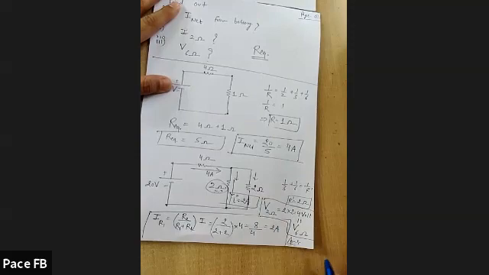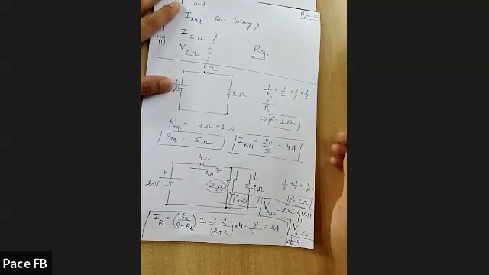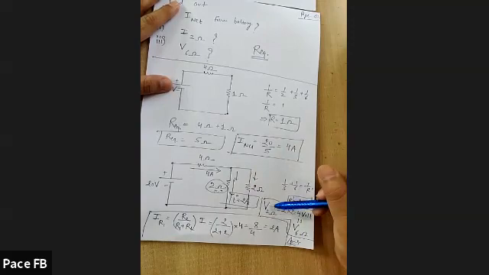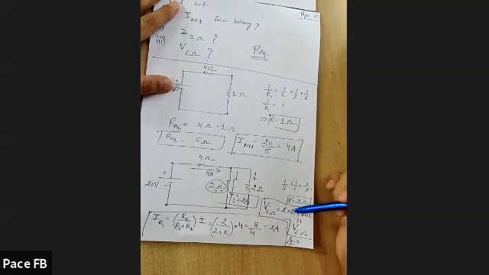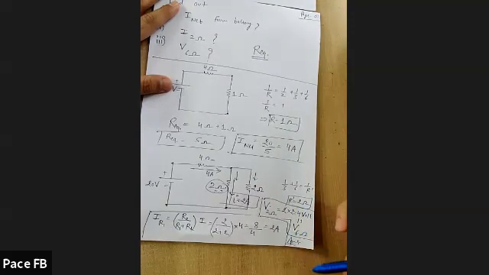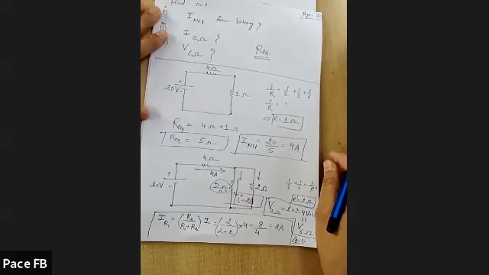Why? Because 2, 3 and 6 are all connected in parallel, so you can find out the potential difference across any of these three resistors. I have found out the potential difference across 2 ohm, which is current 2 multiplied by resistance 2, that gives me 4, and this would be the same as the potential difference across 6 ohm. Clear? Next question.